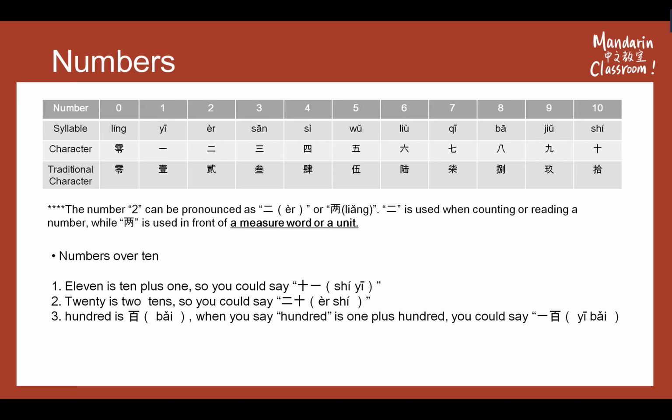So how about numbers over 10? First let's see 11. You could treat 11 as 10 plus 1, so you could pronounce it one by one: pronounce 10 first and then 1. So 11.